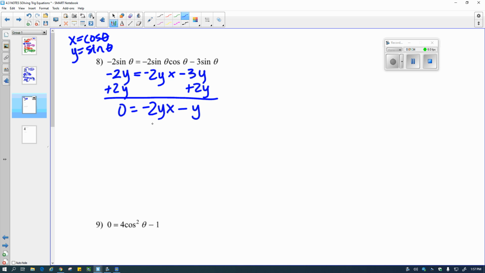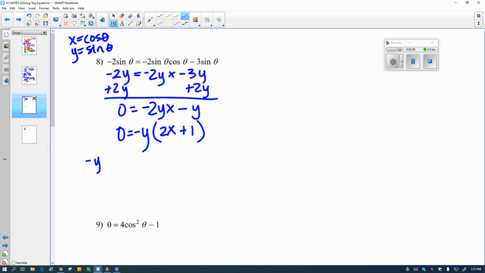I have two terms: negative 2yx as one term and y standing alone as another. And so I will factor a y out of both of those. In fact, I'm going to factor out a negative y, because then that'll leave me with positive 2x plus 1. You could have just done regular y. That doesn't matter. I just like to get rid of those double negatives.